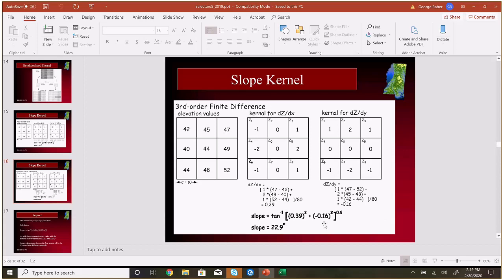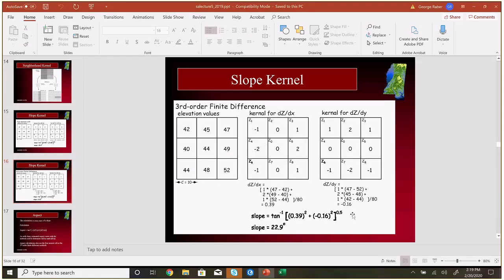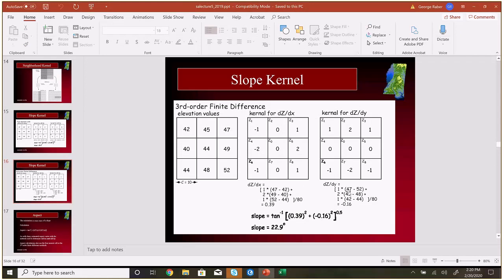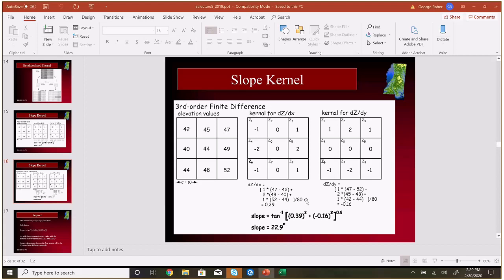What did I do? Man, those numbers aren't the same. I'm having problems getting the right numbers today. So 42 minus 47 is 5. 32 minus 7, 42, 5.